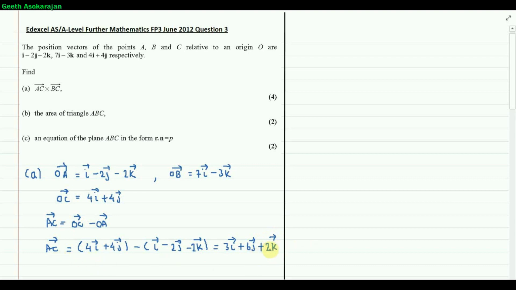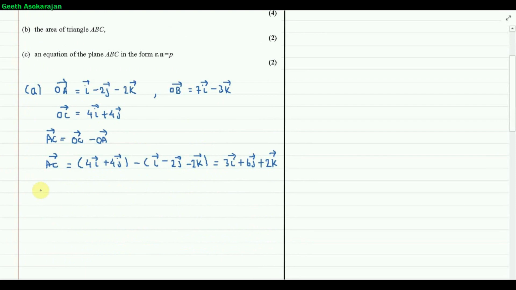So that is the vector for AC, but let's also calculate the vector BC. In the same way, to work out BC, BC would be OC minus OB.